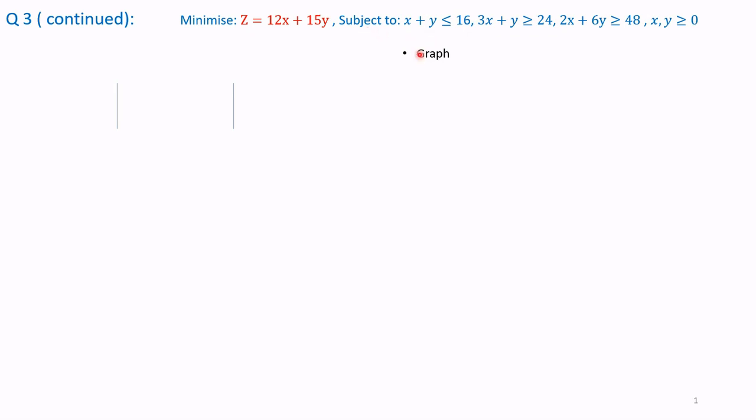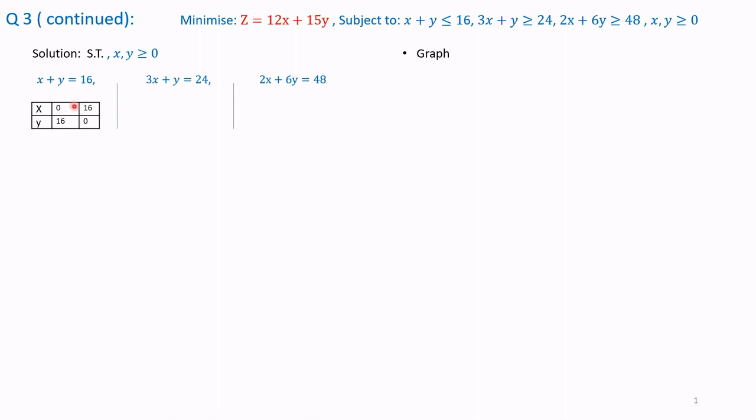Let us write down the constraint equations as x plus y equals 16. That is, we have replaced less than or equal to by an equal to sign. And the next equation is 3x plus y is equal to 24. And the third equation is 2x plus 6y is equal to 48. So the table of x and y we will write as in the previous problems.